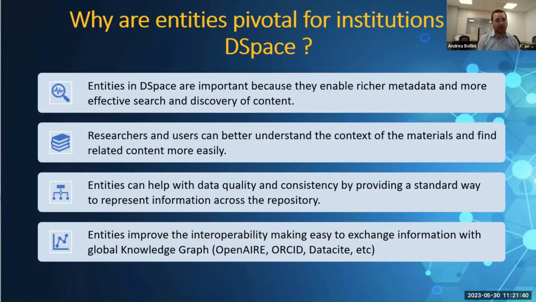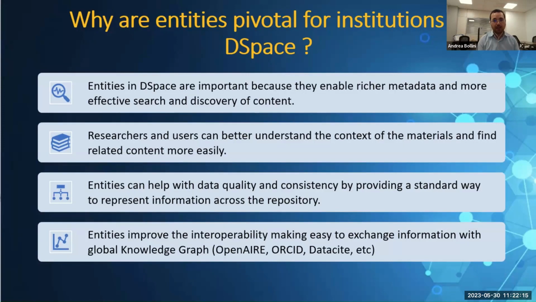And again, we will see more later, but entities are also crucial to improve interoperability. So when we want our repository to exchange information with other platforms, we need to be sure that data are consistent and that all pieces of information are identified by persistent identifiers, and we have a shared data model and representation of our information.